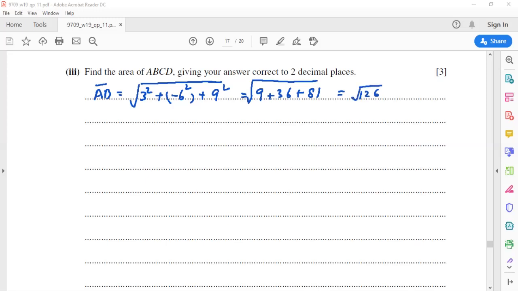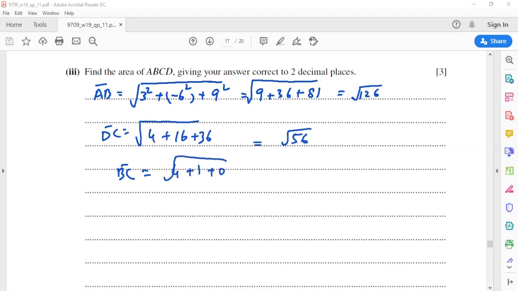Now, the next one is DC. And this gives us 4, 16 and 36, and this is the square root of 56. And the third one is BC, which is 4 plus 1 plus 0. And this is going to be the square root of 5.